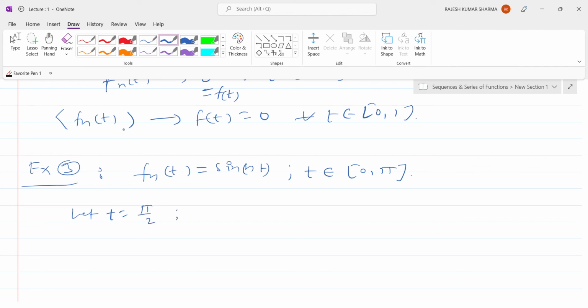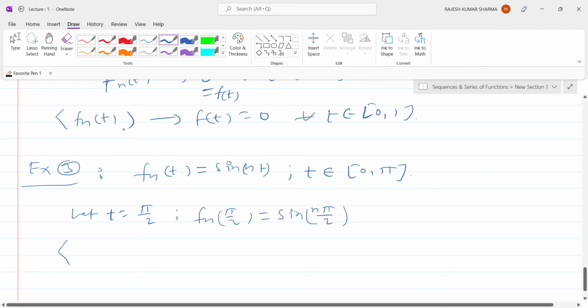Let t be equal to pi by 2. Now see what happens. fn(pi by 2) equals sine of n pi by 2, and the values of sin(n pi by 2) may be 1, 0, 1, -1. Now see the sequence fn(pi by 2).